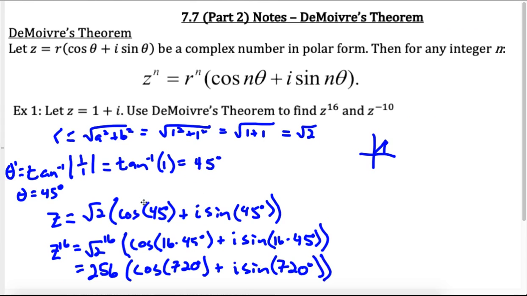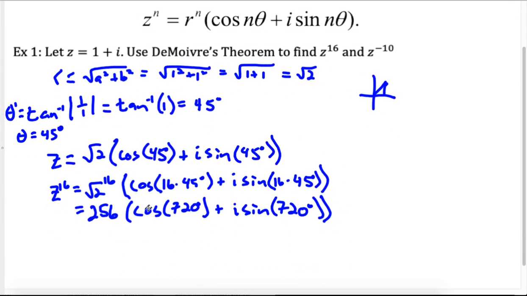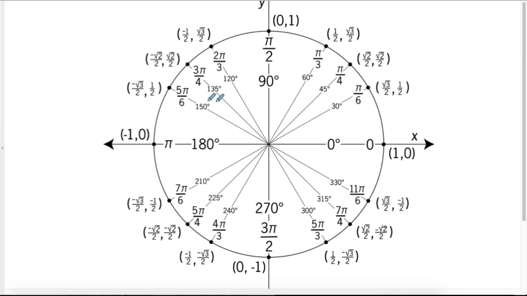Now, 720, if we think about our unit circle, if I go one full rotation, that would be 360 degrees. And if I go another full rotation, that would be at 720. So right here would be 720 degrees. So the cosine value is 1, the sine value is 0.